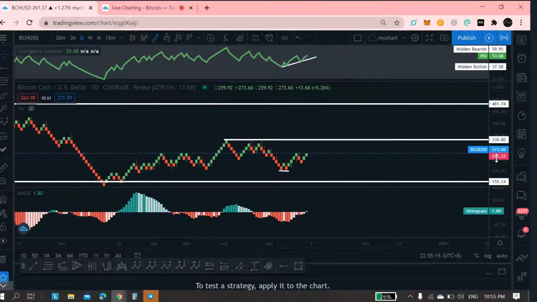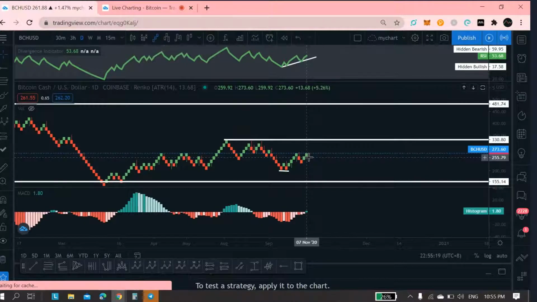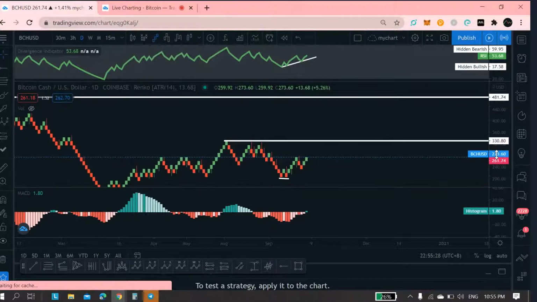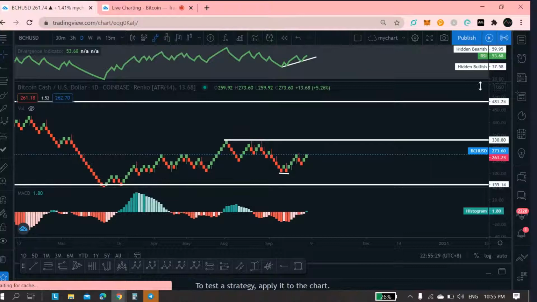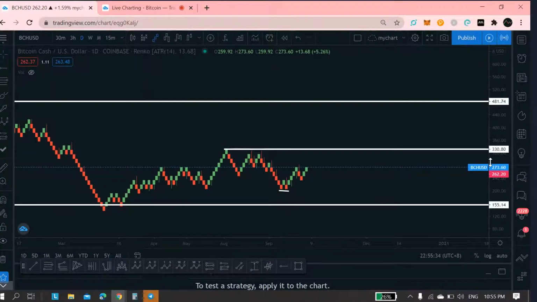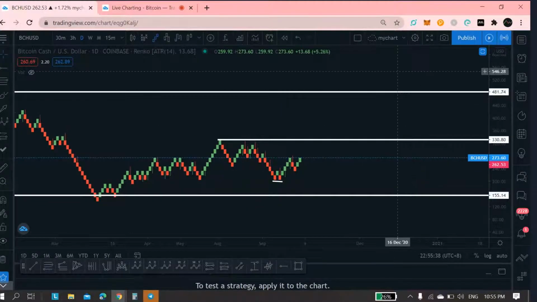Because actually at this moment, it's possibly will retest the shorter, or the low of these Renko charts. So actually that's the same as Bitcoin, if I'm not mistaken. So at the moment I have no current BTC position, because I'm waiting for my alarm to alert me.